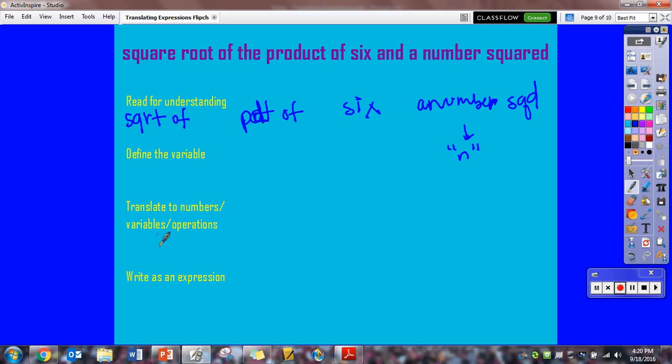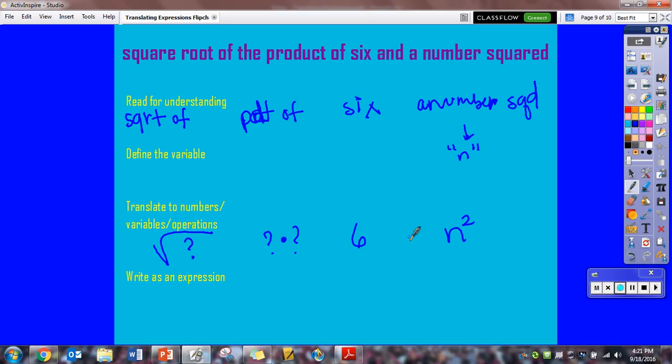And then I need to translate. So square root of, don't know what I'm taking yet. Then I've got product of, so I'm multiplying something times another something, got 6. And then I've got a number, but I can't forget about this squared. So a number squared is the same thing as a number to the second power.